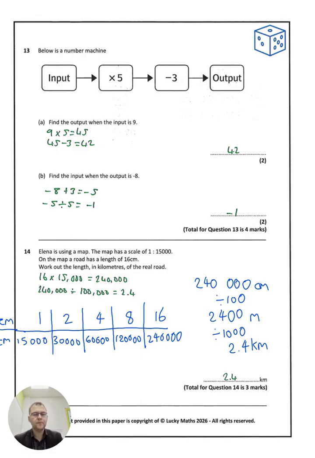So what we're going with here, obviously, whatever we choose one unit to be is equal to 15,000. And in this case, the map length is our top information, like the 1 centimeter on the map represents 15,000 centimeters in real life. And I've used doubling to work out that 16 centimeters on the map would be 240,000 centimeters in real life.